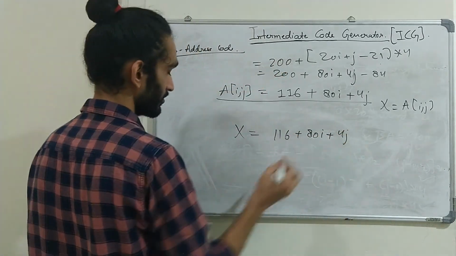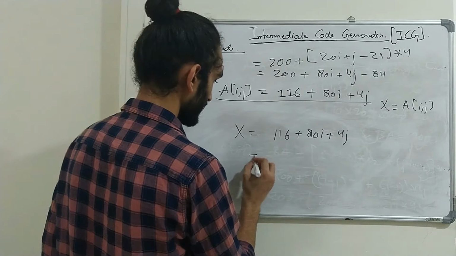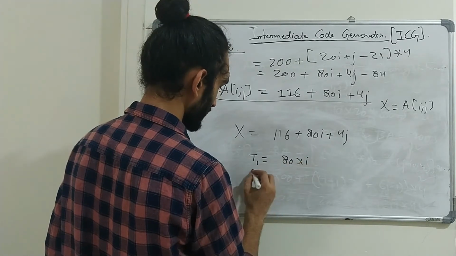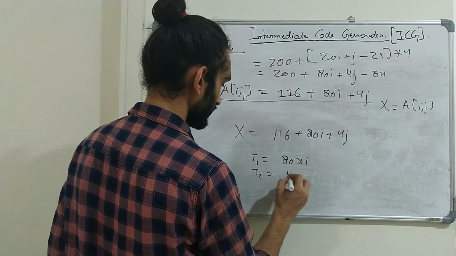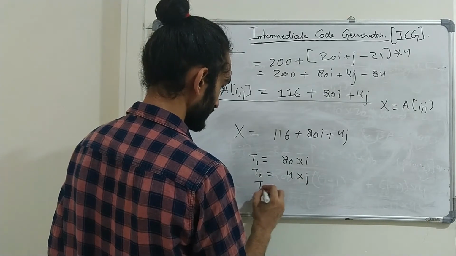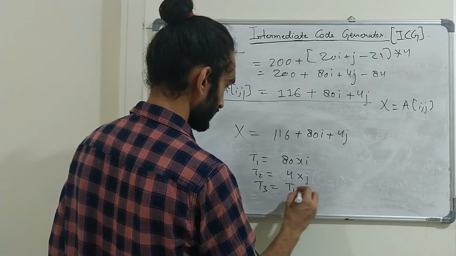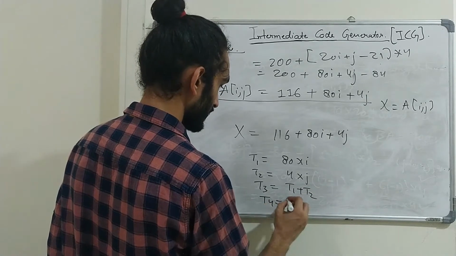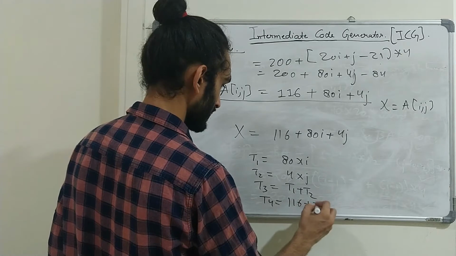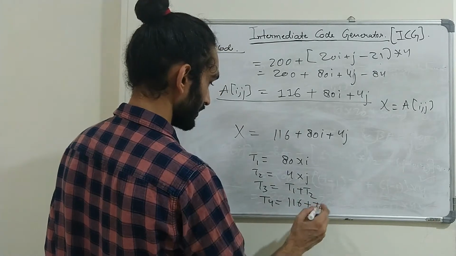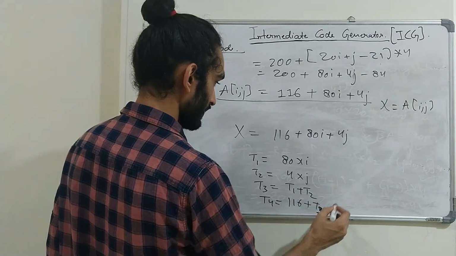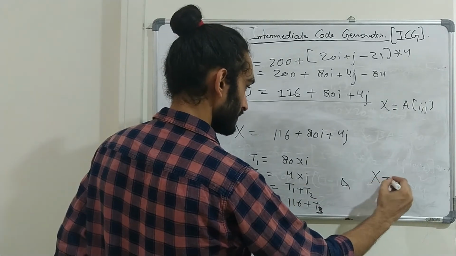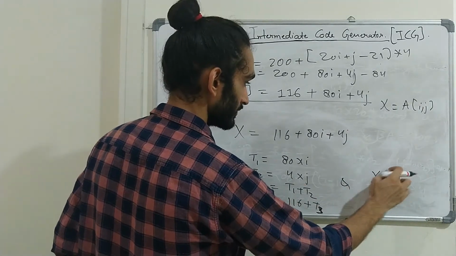So if I want to write a 3-address code for this, what I'm going to write is T1 equals 80 into i, T2 equals 4 into j, T3 equals T1 plus T2, T4 equals 116 plus T3, and lastly I am going to assign this T4 to x.